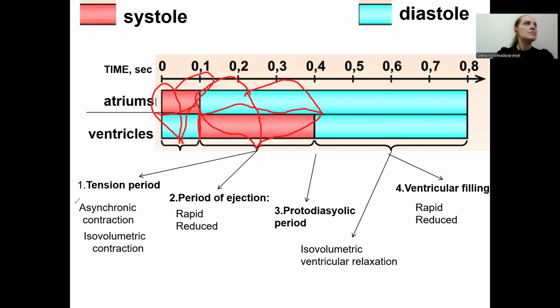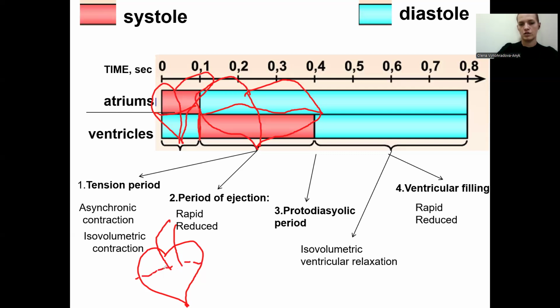It means that the tone of the muscle is increased, but the length of the muscle does not change. The second phase is the period of ejection, when our heart pumps blood to, for example, the aorta.